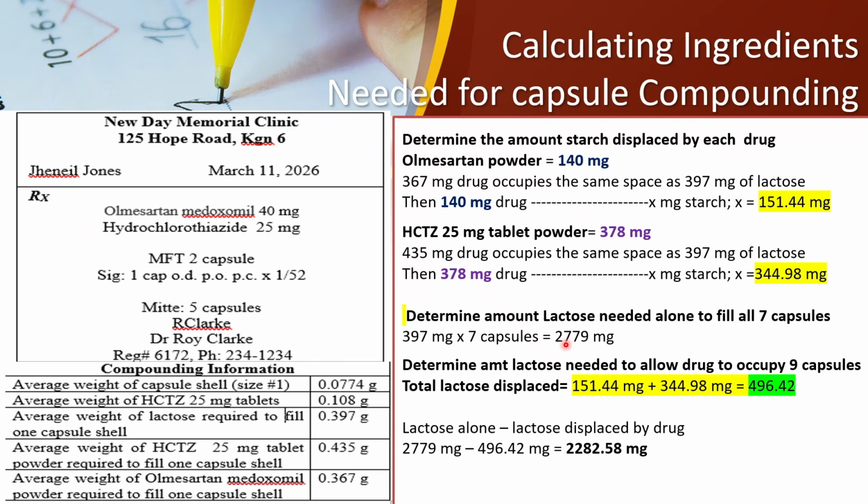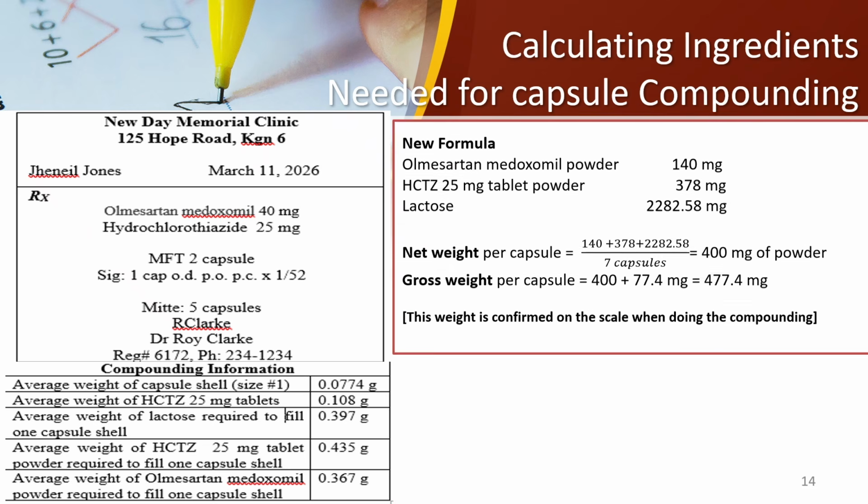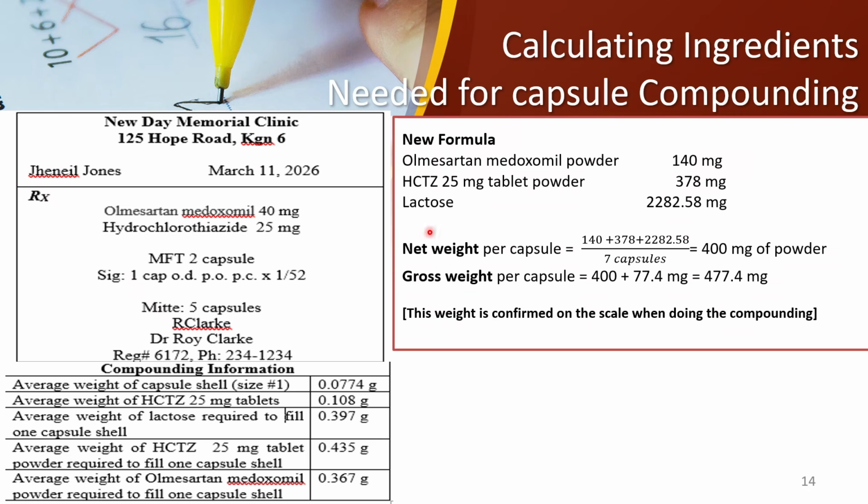We find out how much starch will be required to fill 7 capsules alone. We subtract from that the starch that is displaced by the 2 drugs to get the amount of starch we need to mix with these 2 powders. And then we end up with the new formula, which is seen here. We find the net weight and we find the gross weight.